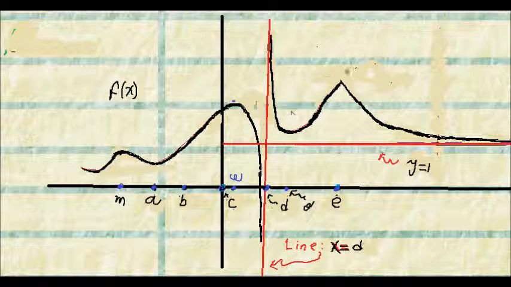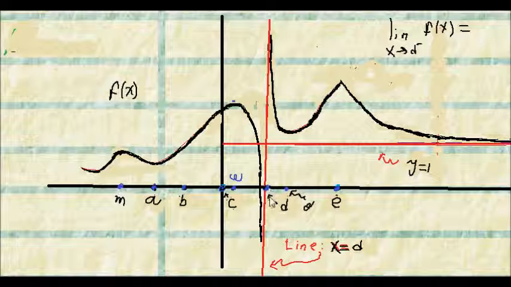So the first question that I'm going to ask is find the limit as x approaches, let's say, d from the left of f of x. What is the limit of this as x approaches d?